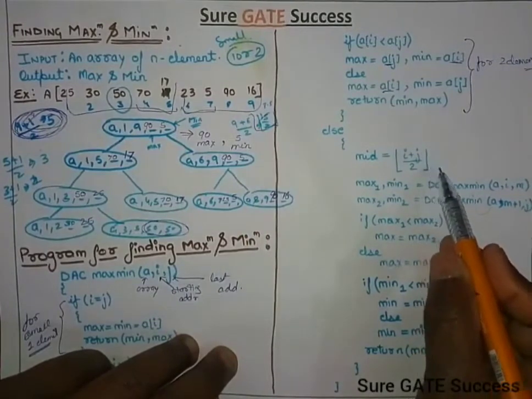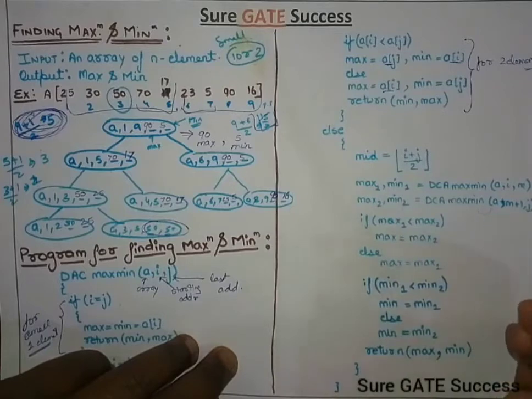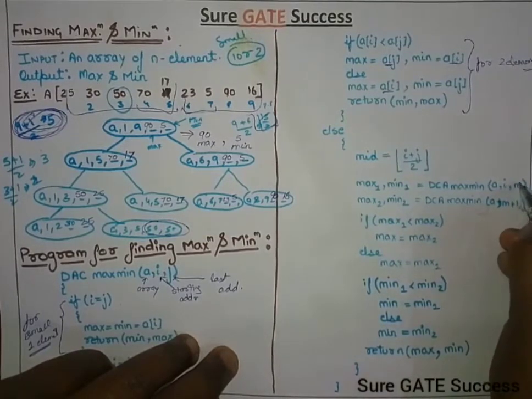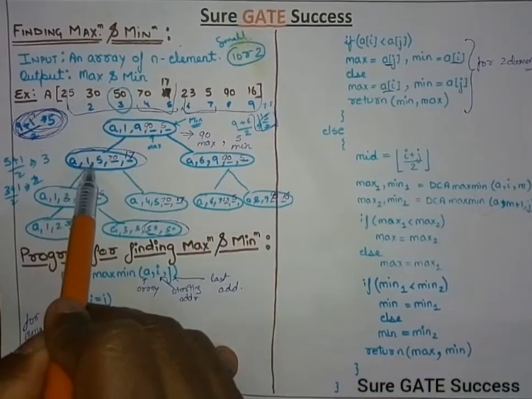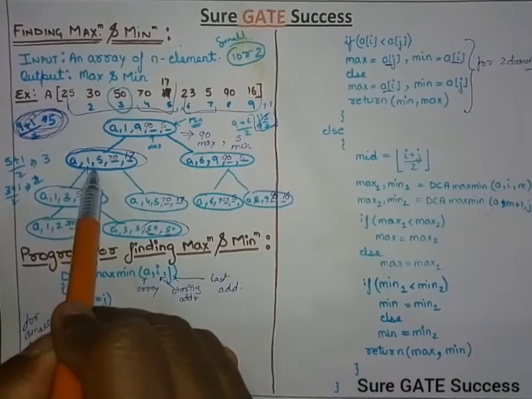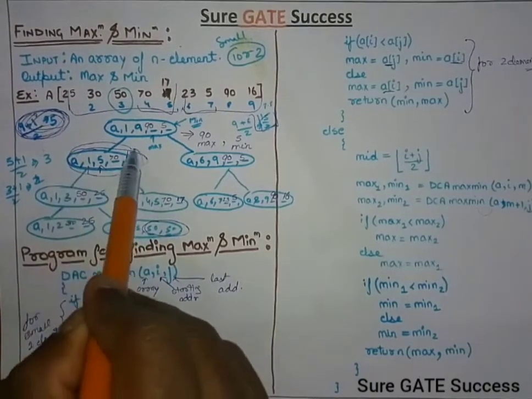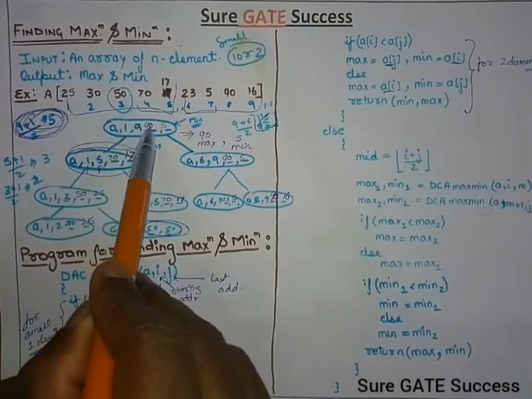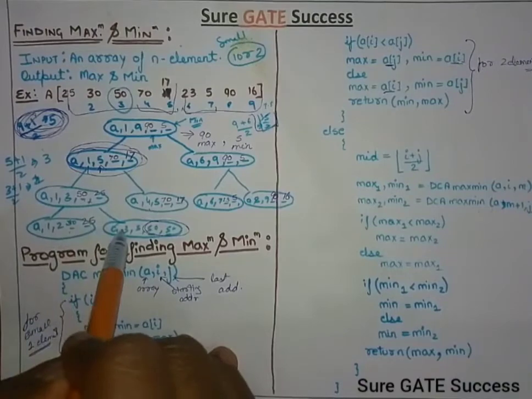Similarly, find out the midpoint here also, then apply the minimum and maximum on that particular part, that is from the starting to the middle position. Here we have taken 1 to the middle position, then we have applied the same concept and divided it further, then again divided it further.